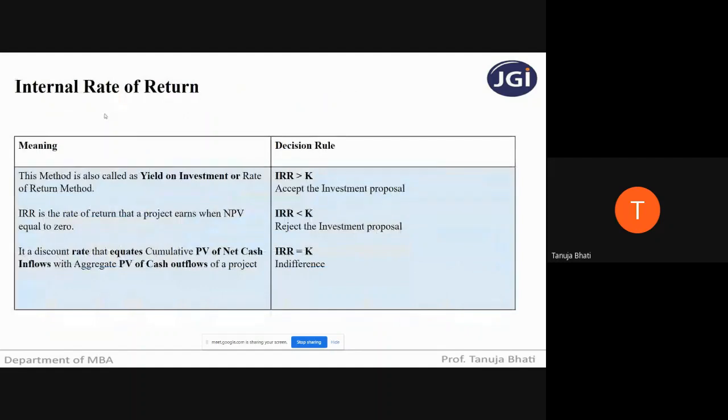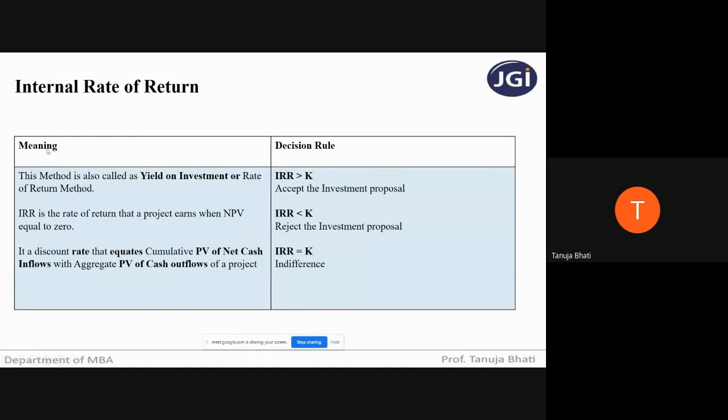So first let us understand internal rate of return. Students, remember, internal rate of return is a modern technique for investment evaluation. Whenever you have to make an investment, this internal rate of return will help you to make a decision whether you have to go in for that particular investment or not.